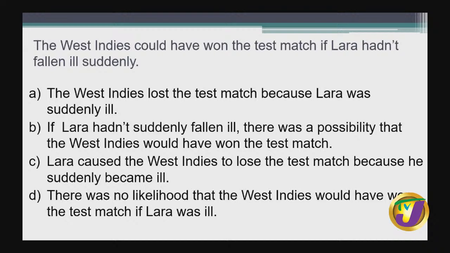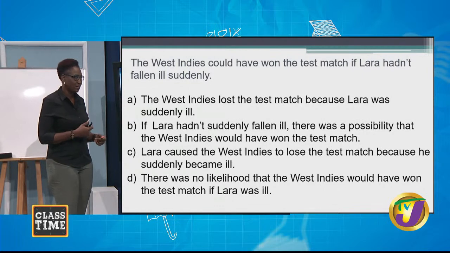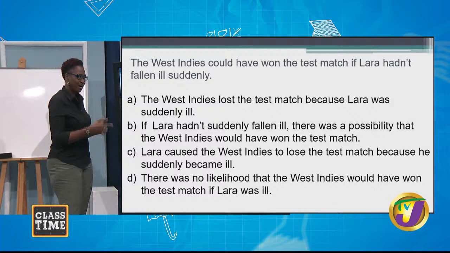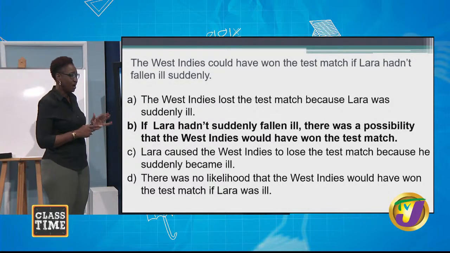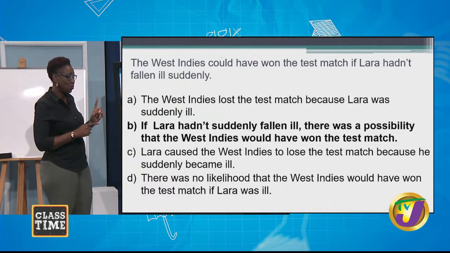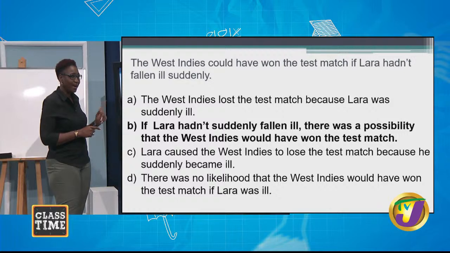Now look carefully at the original. The West Indies could have won the test match if Lara hadn't fallen ill suddenly. Which of these four conveys the idea that had Lara not fallen ill, the team would have won? Be very careful because there are distractors in there. There's possibly one in there that is appealing to you and it's waving to you and saying, I am the one. But that one is not the one.